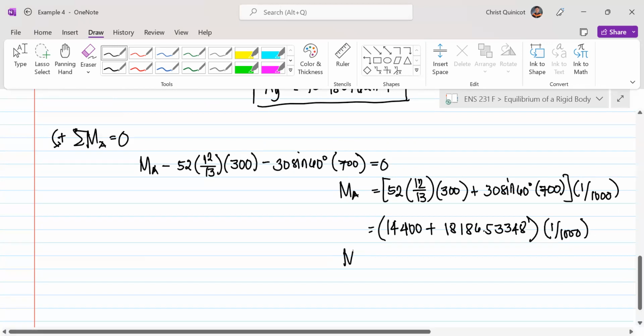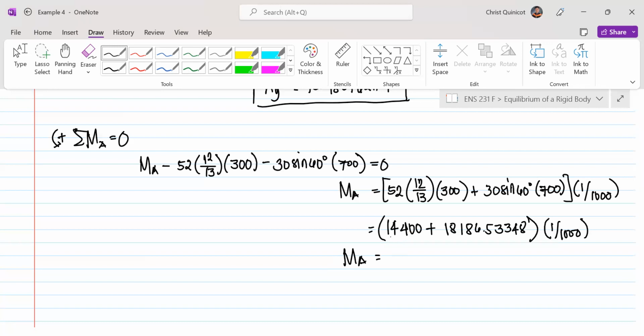Then moment about A is equal to 18,186.53348 plus 14,400 divided by 1000, that is 32.58653348 Newton meter counterclockwise.